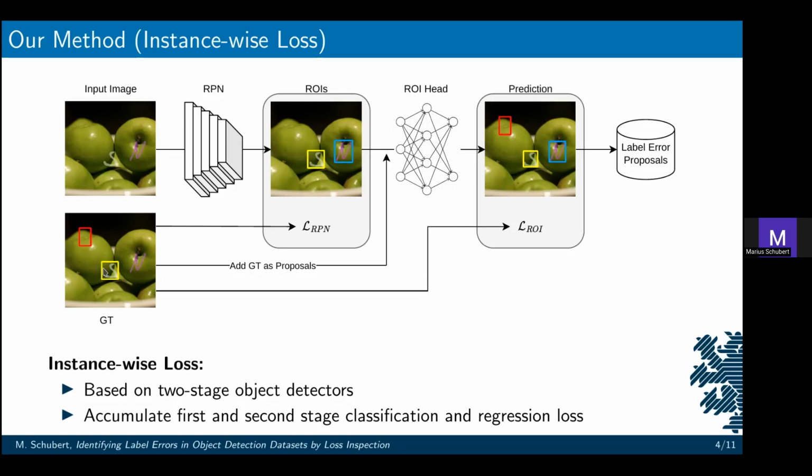Assuming that the yellow label here is a flip, so has a wrongly assigned class, results in a large second stage classification loss. The shifts, which are not visualized here, are addressed by the first and second stage regression loss. After adding up all the 4 loss components, a high loss score means a high probability of a label error, and the lower this loss score, the less likely a label error.